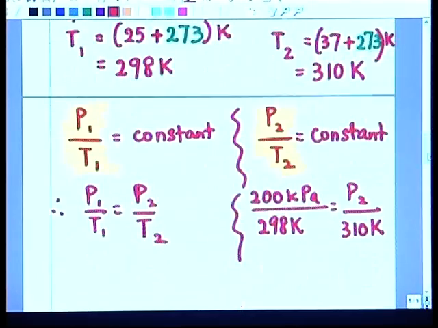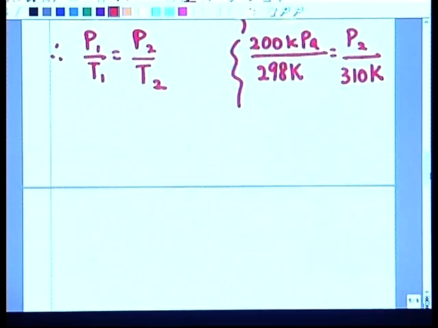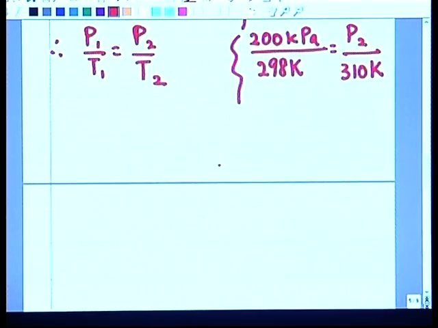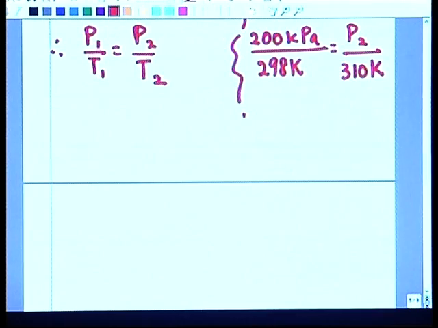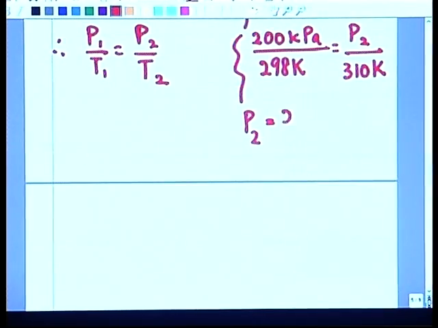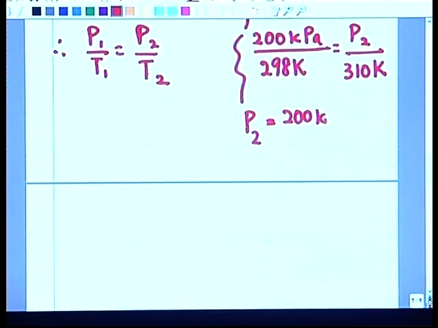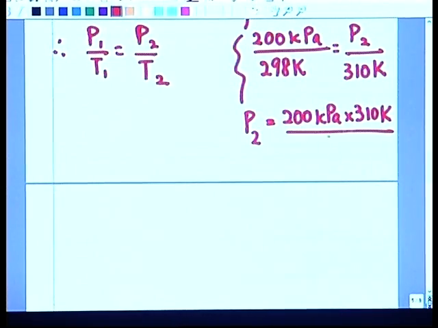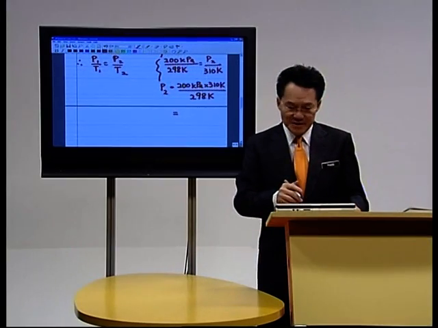So from here, what is the value of P2? So P2 will give me 200 kilopascal multiplied by 310 K cross multiply divided by 298 Kelvin. So after you work it out, then you will get the answer.